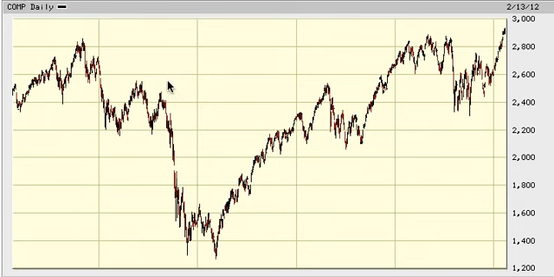Nasdaq has the same 5-wave impulse pattern. Wave 1, wave 2. Wave 3, that's 1.618 times wave 1. Wave 4 is 0.382 of the wave 3, which is the standard move in wave 4. And the wave 5 was 0.618 times wave 1 plus wave 3. You take the distance from about 1250 to about 2520, approximately.